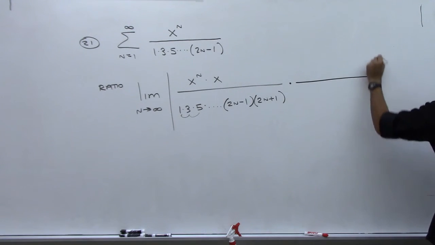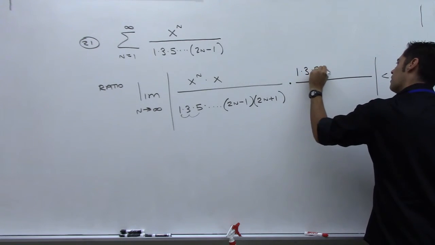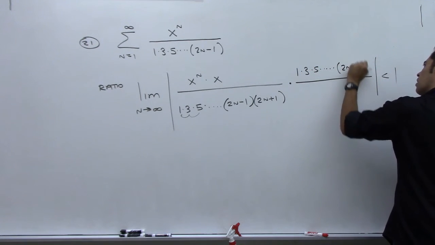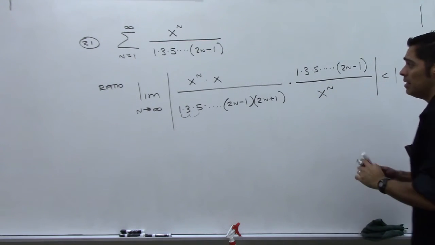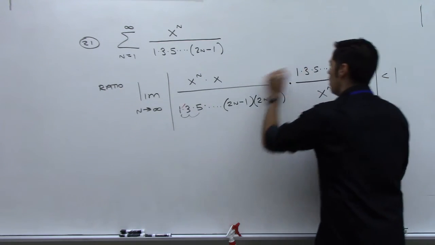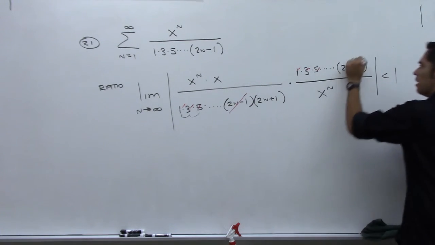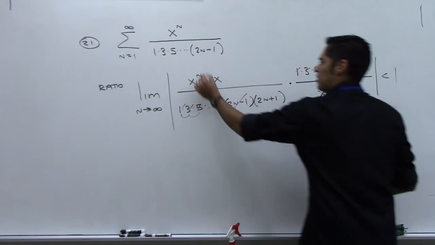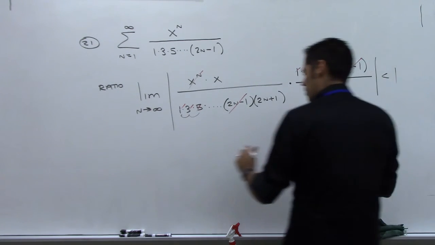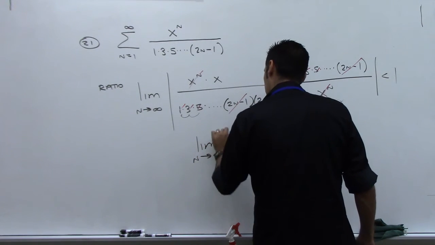So over here, I need this less than 1. It's just that flipped over, 1 times 3 times 5 times dot dot dot 2n minus 1, and on the bottom, x to the n. You can see that all of these, 1, 1, 3, 3, does this look familiar? 5, 5. All these cancel until I get that, and the only thing left is this one. Then the x to the n's cancel. So this gives me the limit, n goes to infinity.